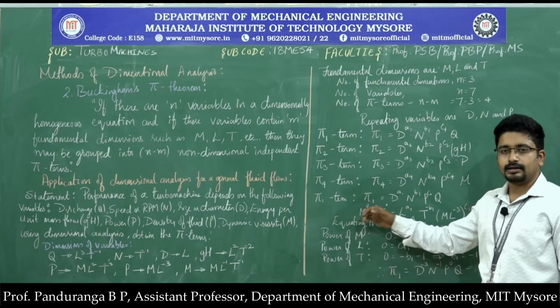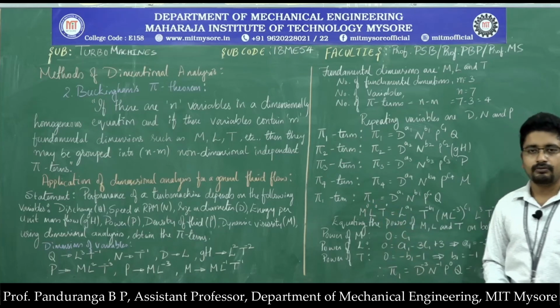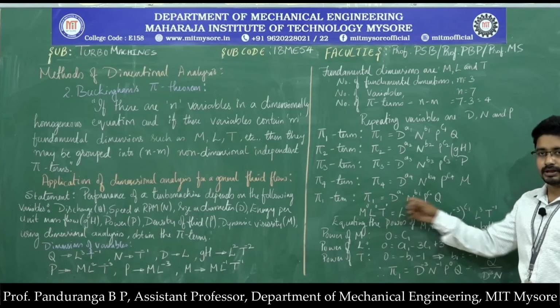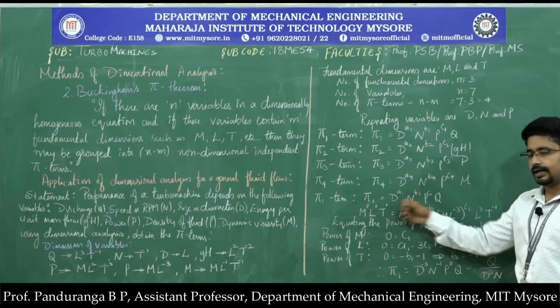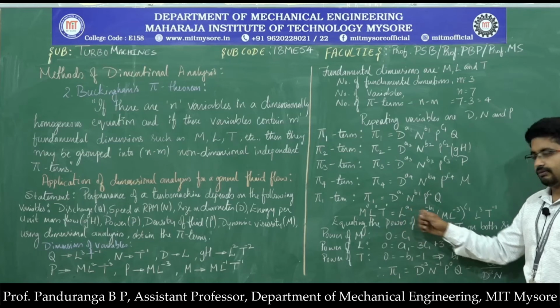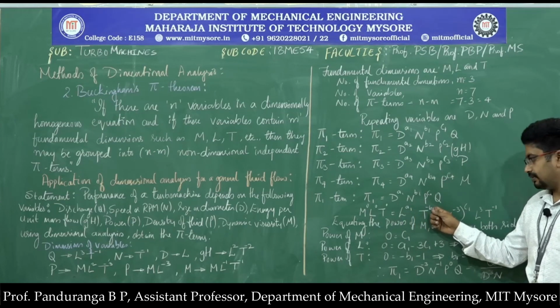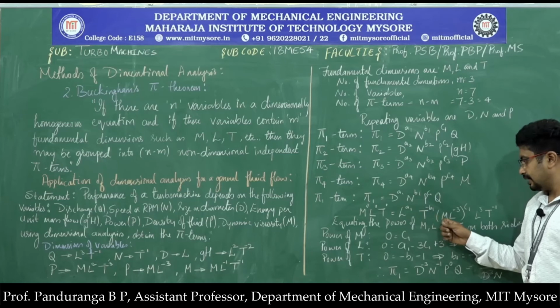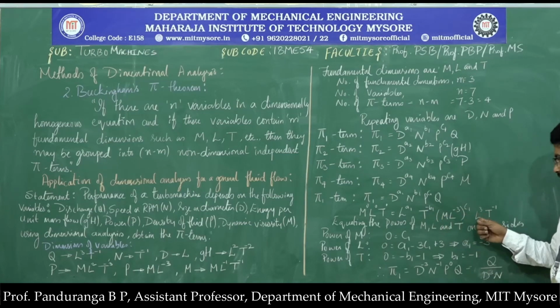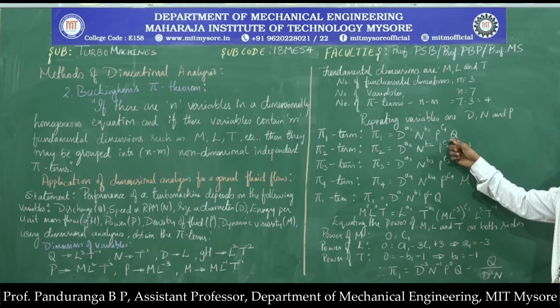So M, L and T to the power of 0 should be written on the left hand side, and that is equal to the fundamental quantities of the right hand side terms, that is L to the power of a1, T to the power of minus b1, ML to the power of minus 3 whole to the power of c1, and L to the power of 3 T to the power of minus 1, that is for discharge.